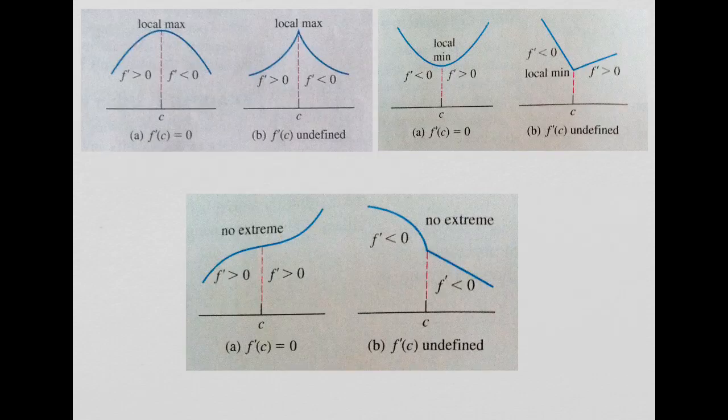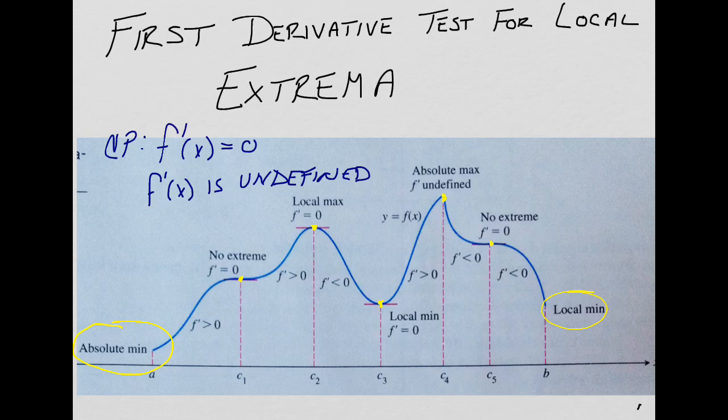That's the example that we had back in the beginning here, where, if we look at A, everything to the right of A all the way up to here is positive. Because that's all positive slopes, that means that we had an absolute minimum right down here at A. And the same thing occurred over here where everything was decreasing to the left of B. Again, that was an absolute minimum.